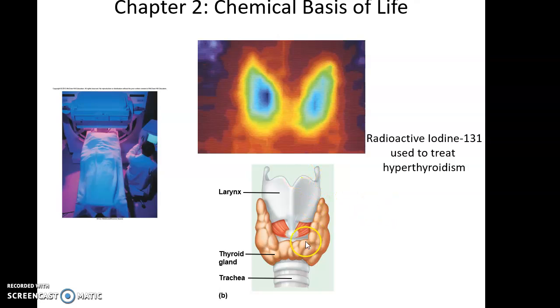So if someone's thyroid gland is overactive, producing way too much thyroid hormone, then someone will be injected with radioactive iodine. It will end up localizing to the thyroid gland, and the radiation will break down the thyroid gland. Less thyroid tissue present, that means less thyroid hormone will be produced.